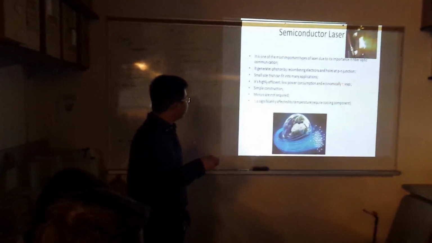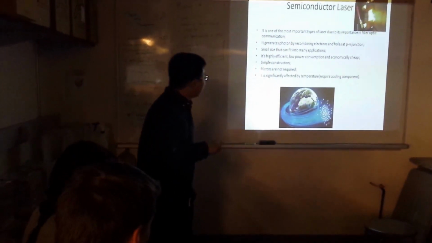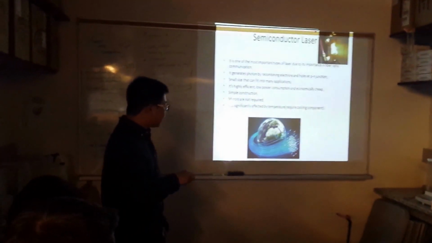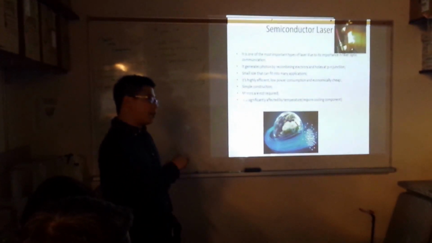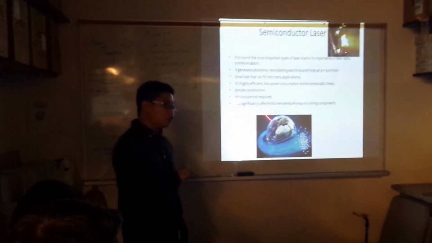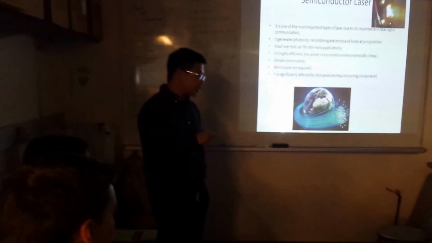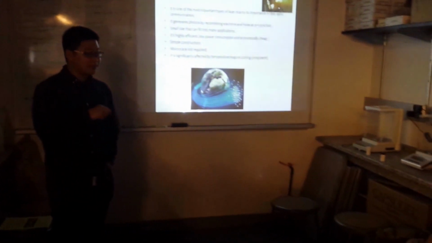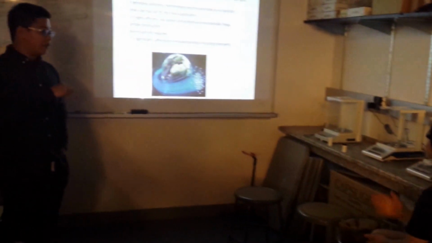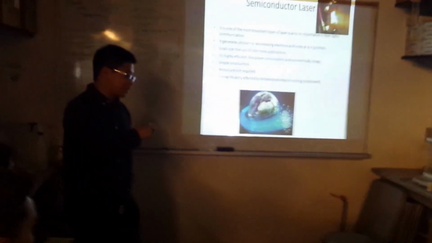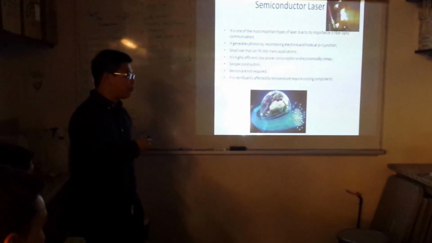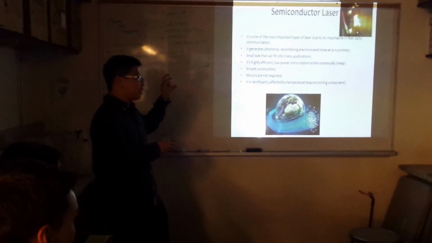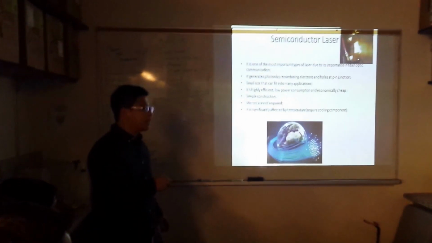It's also the future of laser research, and this semiconductor laser is different from other types of laser because it fully makes use of the characteristics of semiconductors to produce photons by electron and hole recombination in the p-n junction to emit photons.